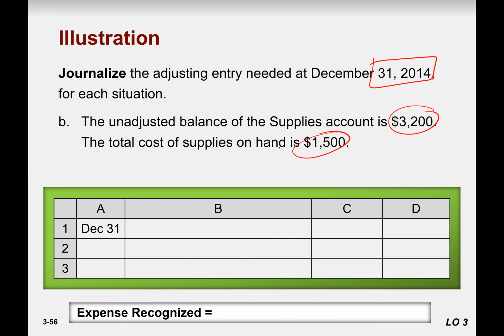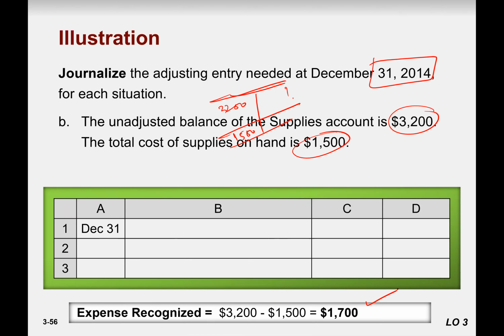What they are trying to say is the balance right now is 3200, and the balance on hand, which is the last balance, is 1500. So how much did they consume? You need to find this part. And how much is this part? 1700. Right? Here we go.